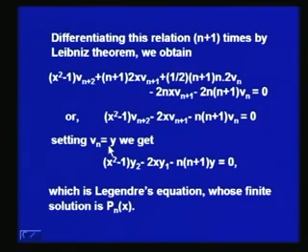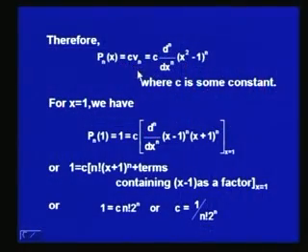If we set here v_n, that is the nth derivative of v with respect to x, d^n v over dx^n, as y, then we shall have (x^2 - 1) y2 - 2x y1 - n(n+1) y equal to 0, which we can see is nothing but the Legendre's equation, whose finite solution we know is given by P_n(x), and therefore P_n(x) is a constant multiple of v_n(x), because v_n(x) is d^n over dx^n of (x^2 - 1)^n.